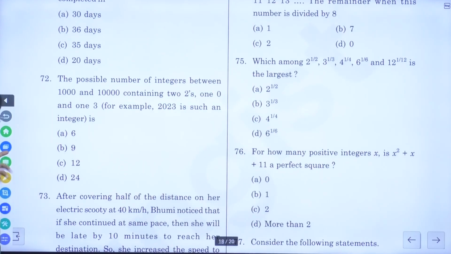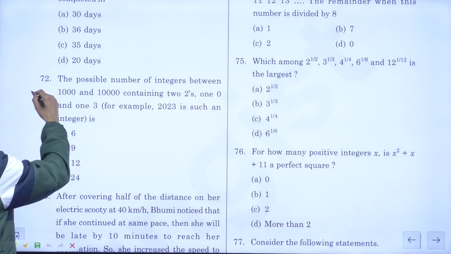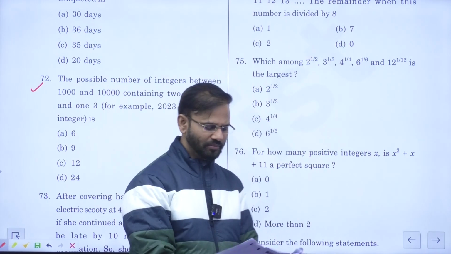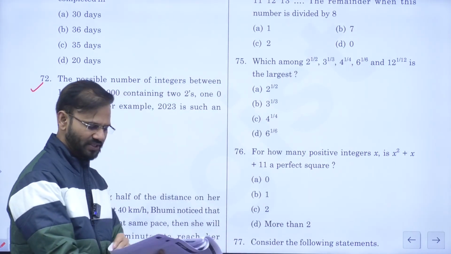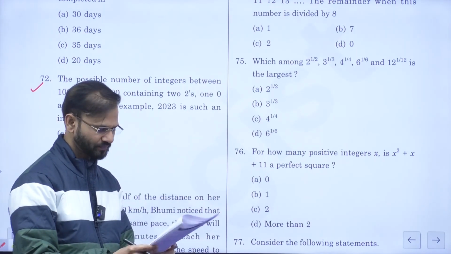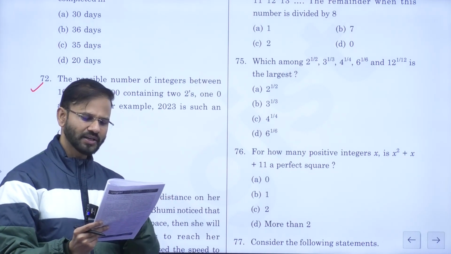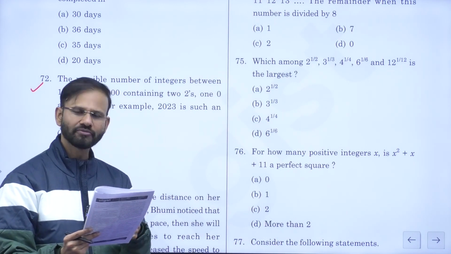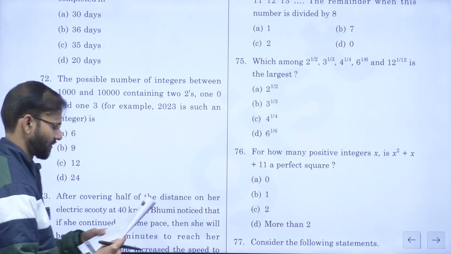Now I'm here, so let's start from here. Okay, guys, question number 72. Question number 72 is saying the possible number of integers between 1000 to 10,000 containing two 2's, 1 0 and 1 3, for example 2023, fine?